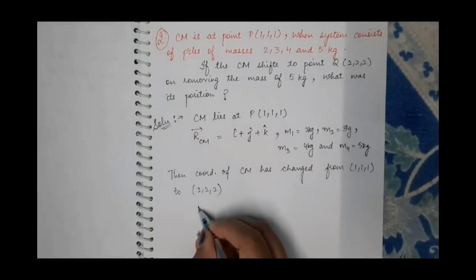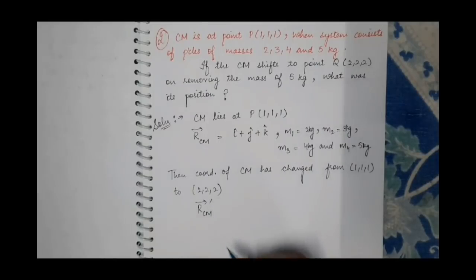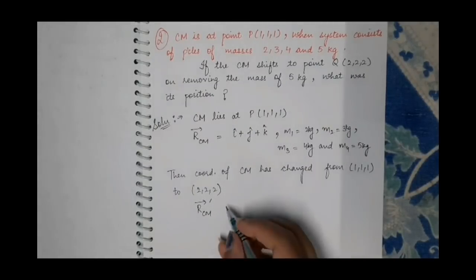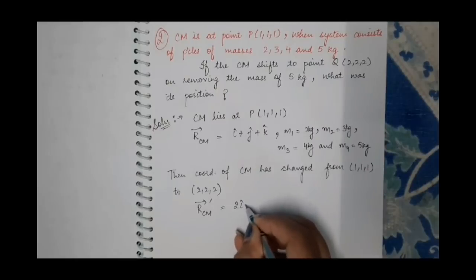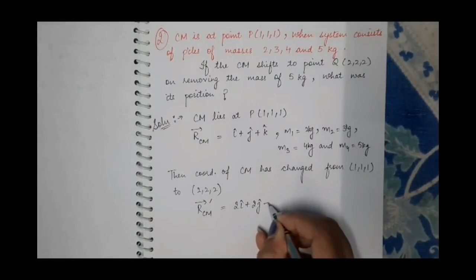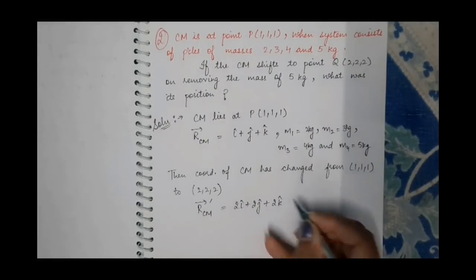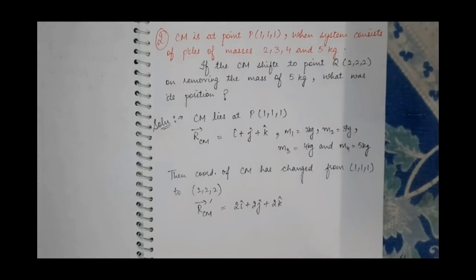Now suppose the position vector of the center of mass is r dash vector, and it will be equal to 2 i cap plus 2 j cap plus 2 k cap. Why has the center of mass changed? Because now the number of particles in the system has changed.